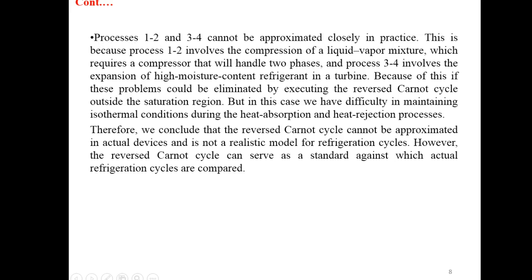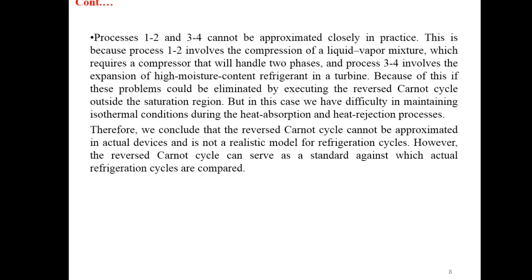This is because process 1-2 involves the compression of a liquid vapor mixture. You can see process 1-2. Point 1 is a wet point, that is a mixture of liquid and vapor. This requires a compressor that will handle two phases, and process 3-4 involves the expansion of high moisture refrigerant in a turbine. This problem could be eliminated by executing the reverse Carnot cycle outside the saturation region.